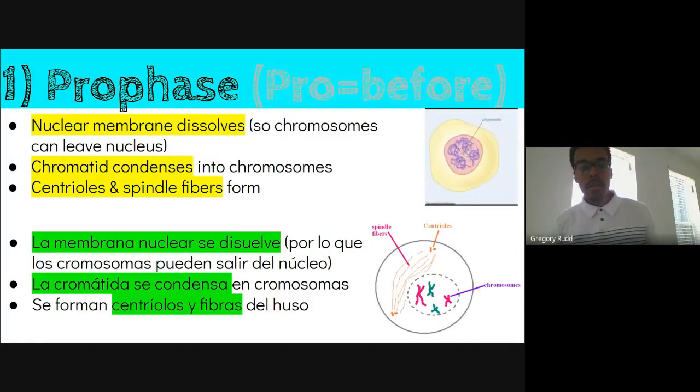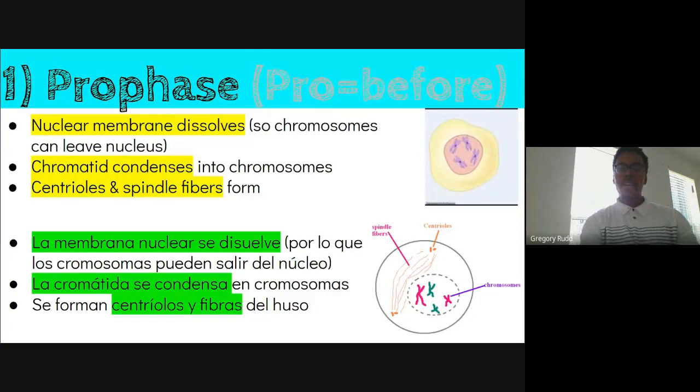So this first step is prophase. Prophase is an important step.